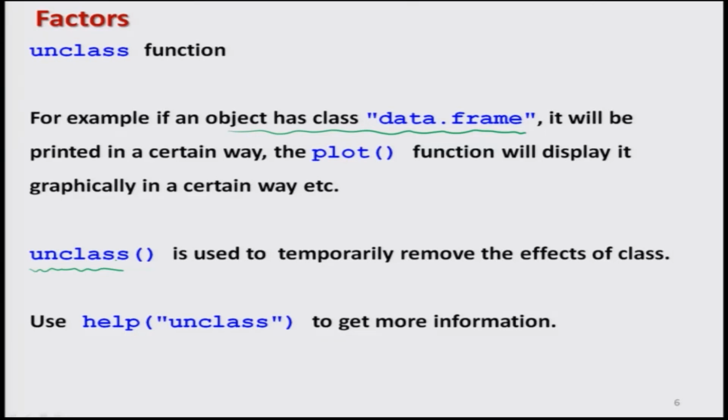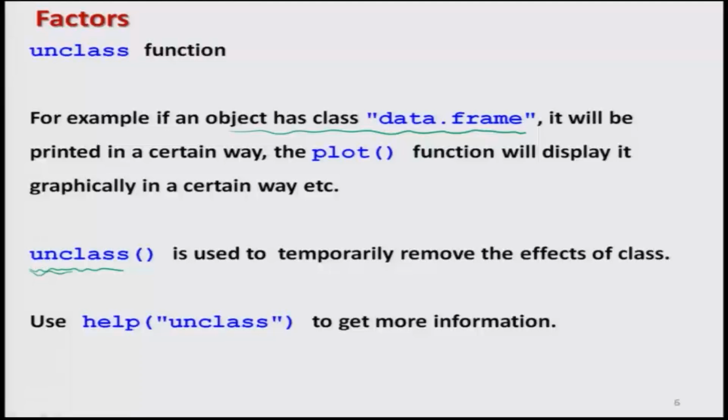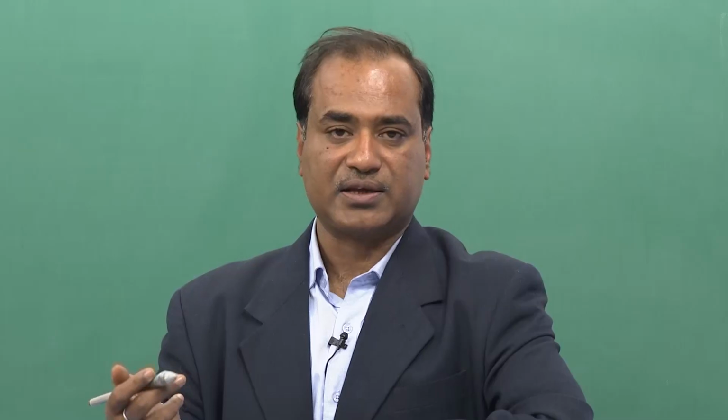For example, suppose I have used the class function, then obviously that will have certain effects on my programming. Now, I want to temporarily remove the effects of the class function. So, I can use the function unclass, and this has to be used with the bracket sign where we give the name of the variable which has to be unclassed.